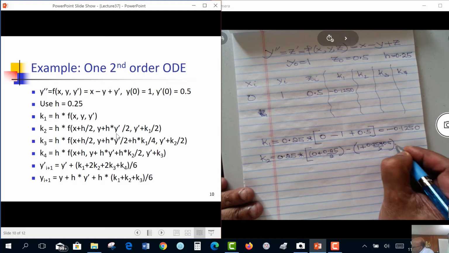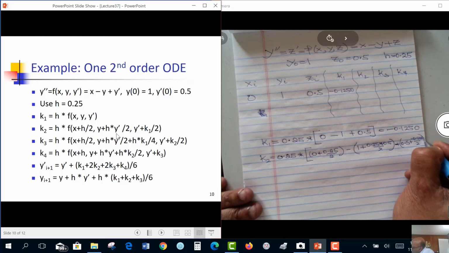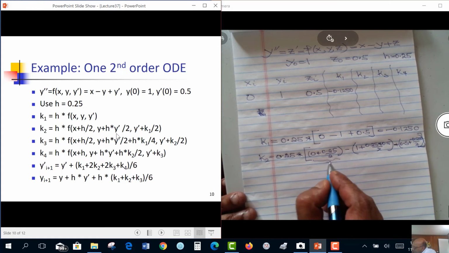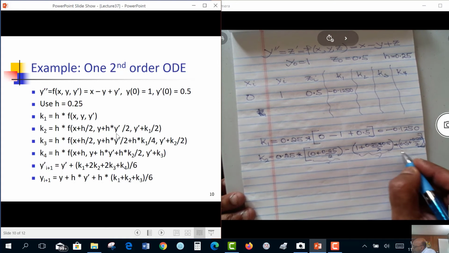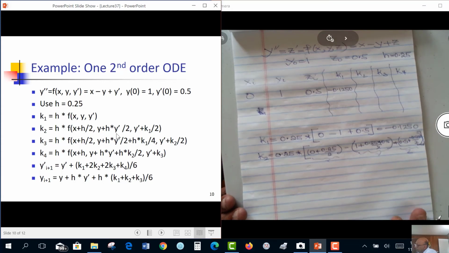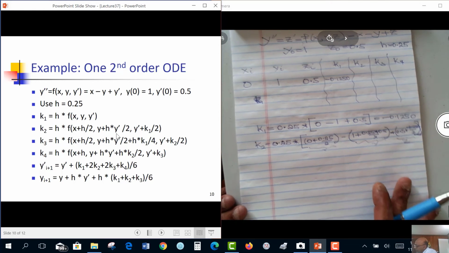Plus z, which is 0.5 plus k1 over 2. So you see this becomes quite intricate. So it might be easy to first calculate x, y, and z, and then put it in your function. So that is what I would do. Right now my function is very simple, but even if I were to make it y square, it'll become a little complicated to calculate.